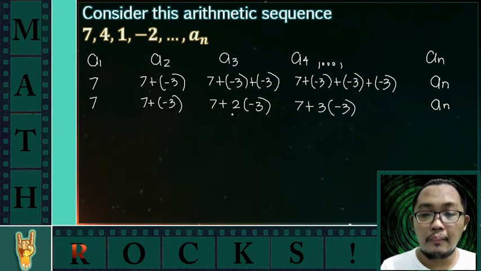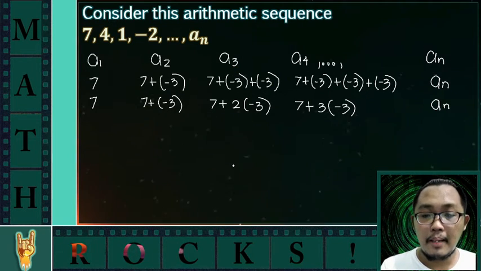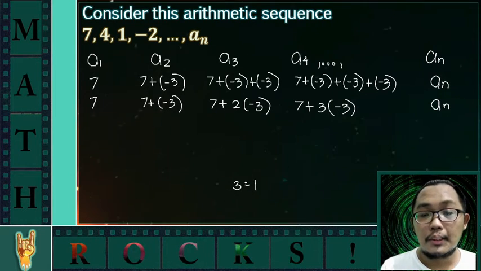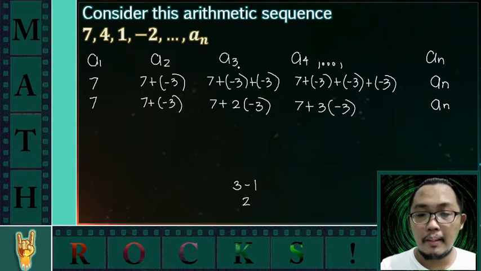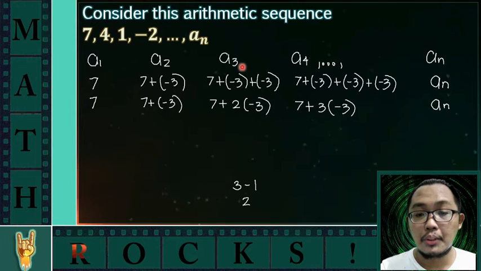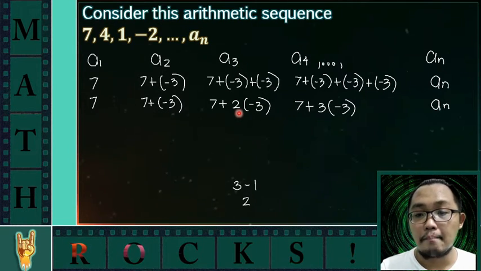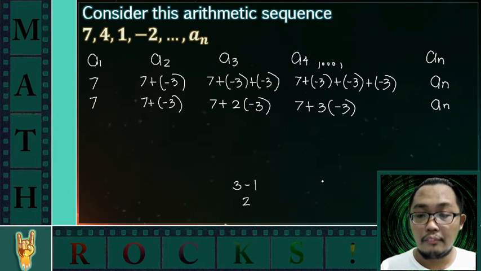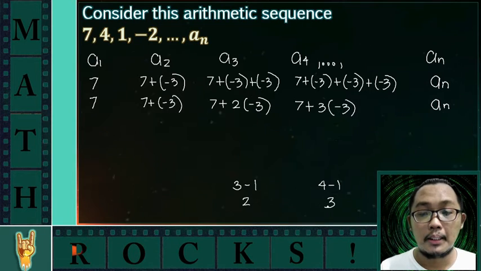If we would like to have this 2 written in terms of 3, then we may have 3 minus 1. So 3 minus 1 is actually 2. Simply remember that we will only reduce this number by 1 and we will come up with this number 2. That same pattern applies with the 4 right here. If we would like to have the 3 written in terms of 4, then we will have 4 minus 1, which is obviously equal to 3.